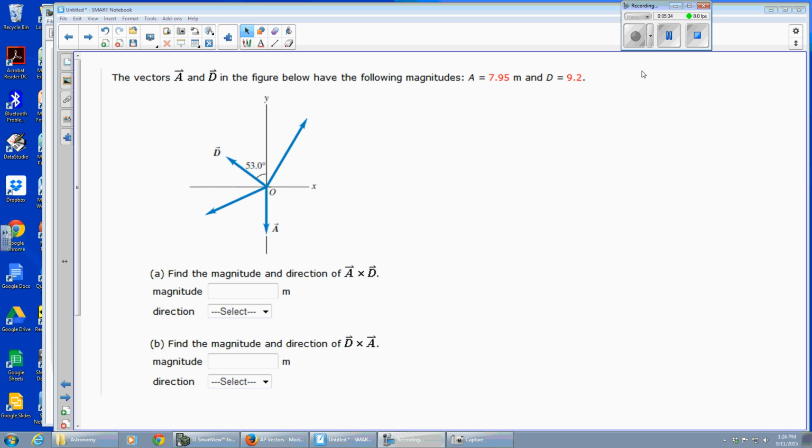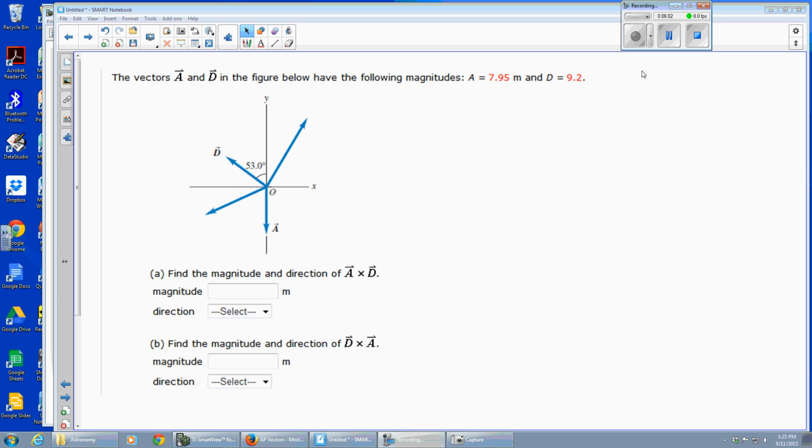Remember, I point my fingers in the direction of the vector, so I've got my right hand pointed in the direction of A, and then I want my fingers to curl in the direction of D, and I can only do that if my thumb points into the board.